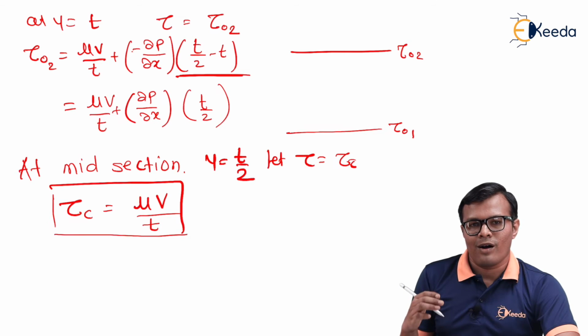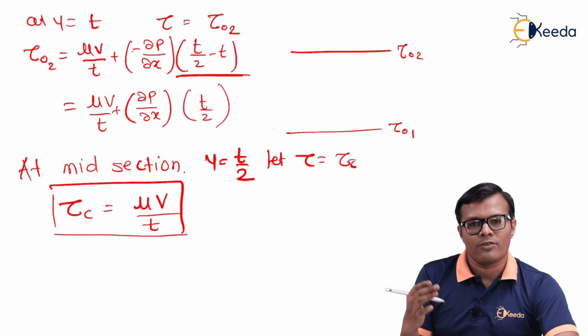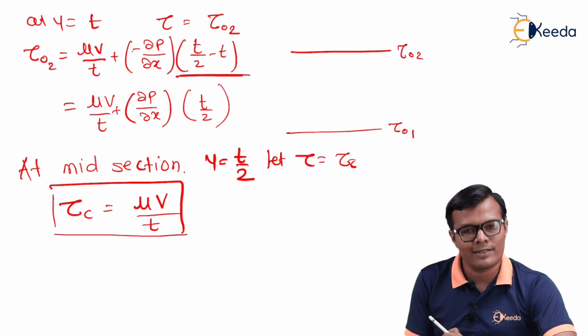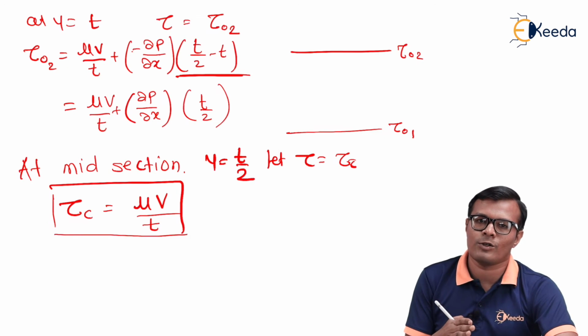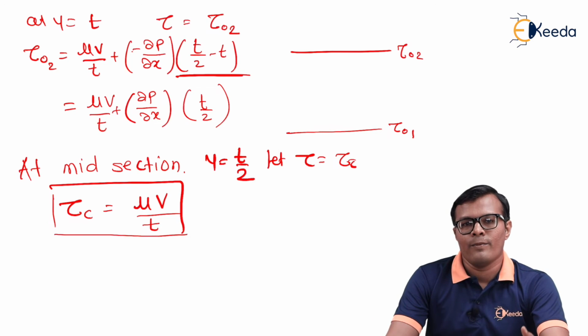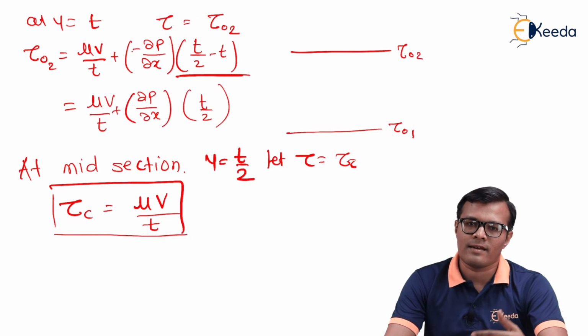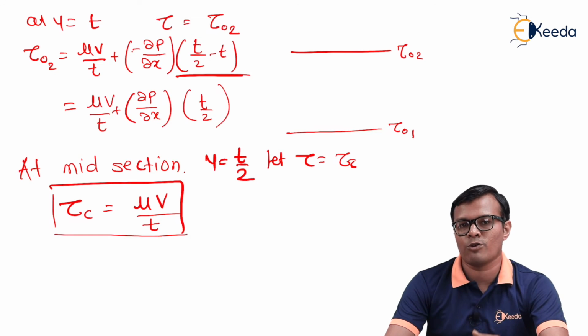So another question arises in our mind: where is it 0? That will be the point of maximum velocity, because whenever there is 0 shear stress, it means resistance is 0, it means velocity is larger or maximum.